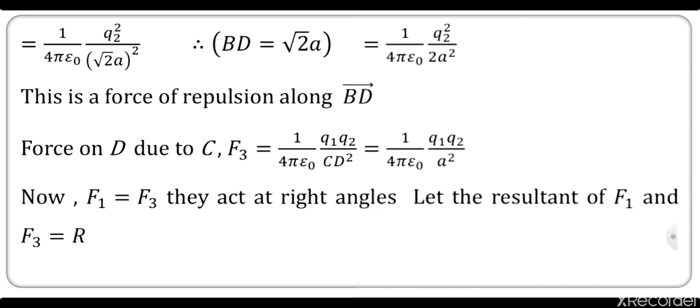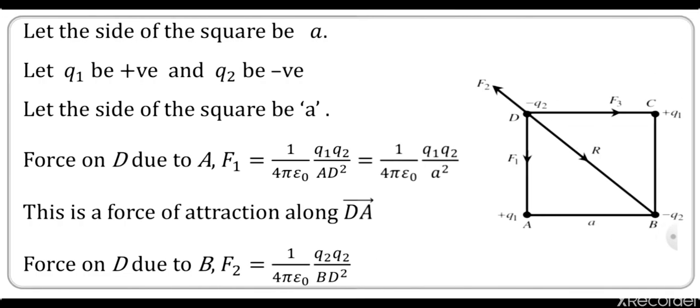Your F1 and F3 act at right angles. Okay, they are equal and they act at right angles. Let the resultant of F1 and F3 be R. Okay, you can see in the picture the angle between F1 and F3, the inside angle at each corner of a square is 90 degrees we know. So the inside angle is also 90 degrees. So the resultant acts in between F1 and F3, which are at 90 degrees.